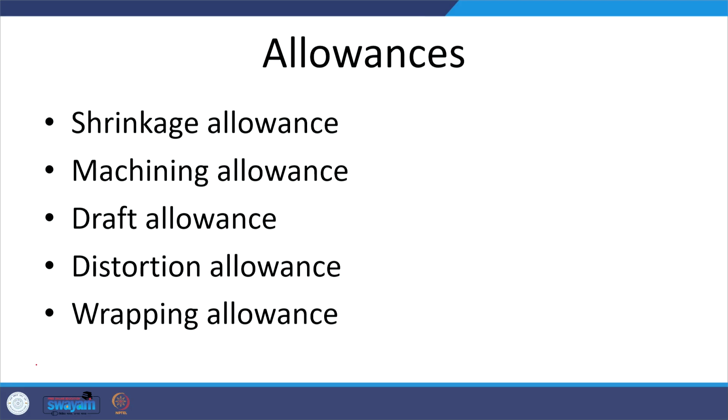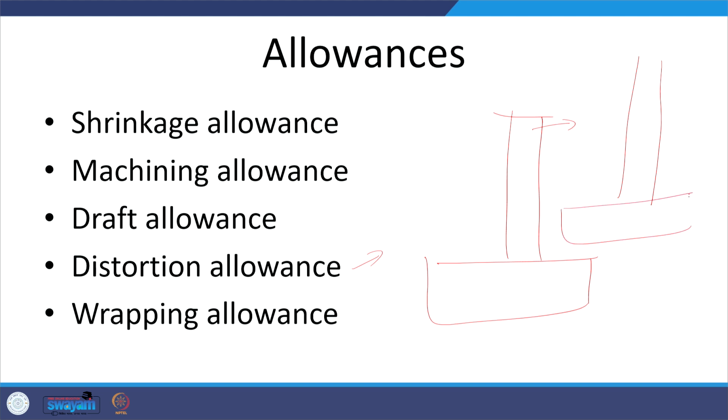Okay. Now, sometimes the distortion allowance is given. Say if you want to make a T shaped product, and we find that there is a tendency of distortion to one side, and it is getting distorted in one side like this, then what we do, we try to give the shape such that the pattern is distorted in the opposite way. Okay.